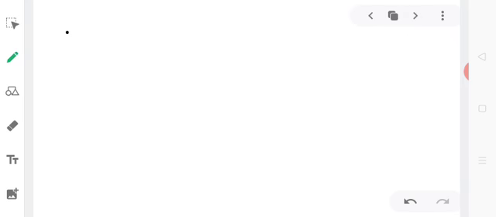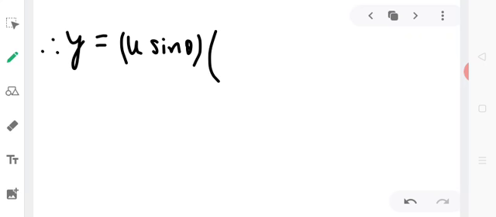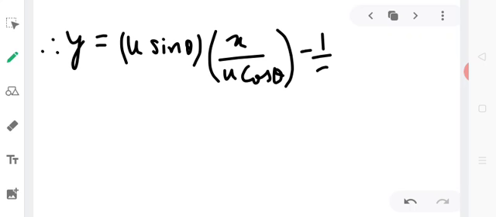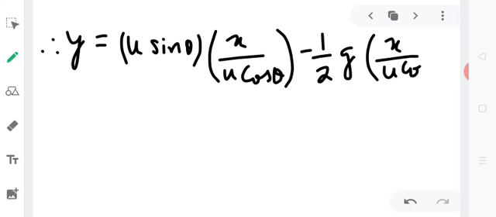So hence we will get y equal to u sin theta into t, and in place of t we will write down x by u cos theta, minus half g and t square. So it will become x by u cos theta square.